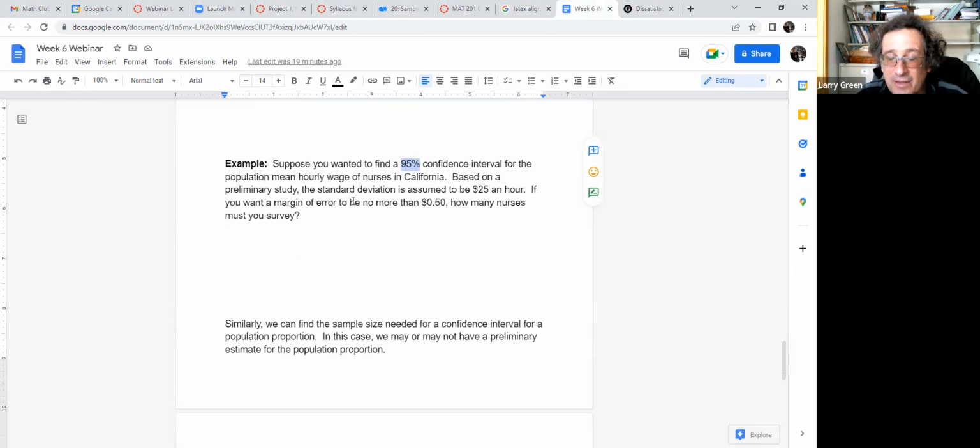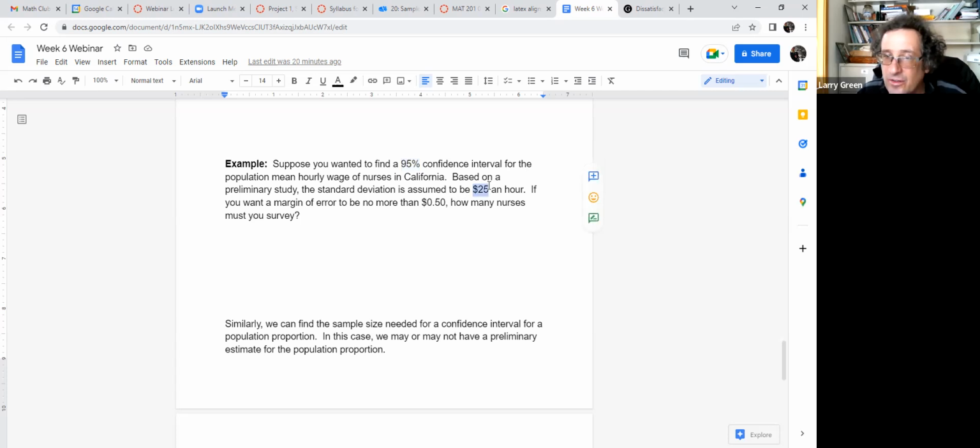Okay, so now you can also talk about a sample size needed for a confidence interval for a population proportion. And there's two cases on this one. It turns out that for a mean, if you don't know the standard deviation, you can't do it. You can't get a sample size if you have no idea what the standard deviation is.